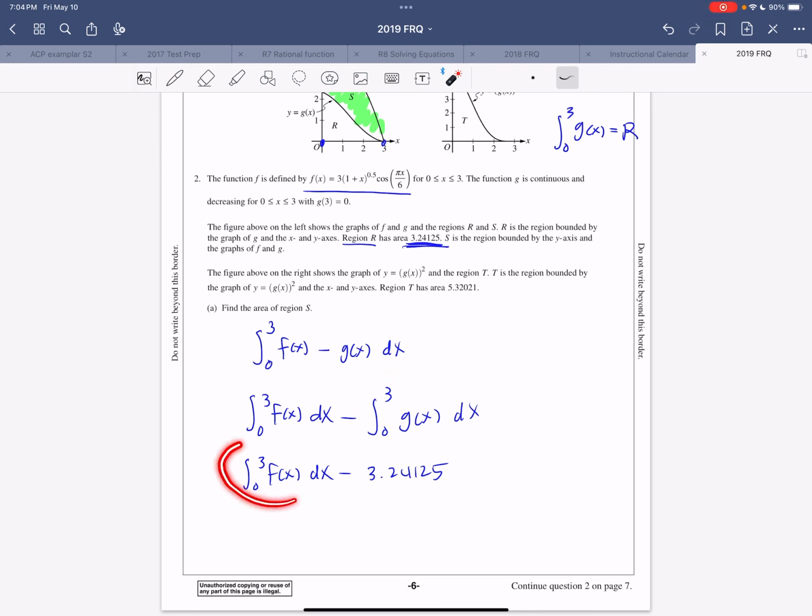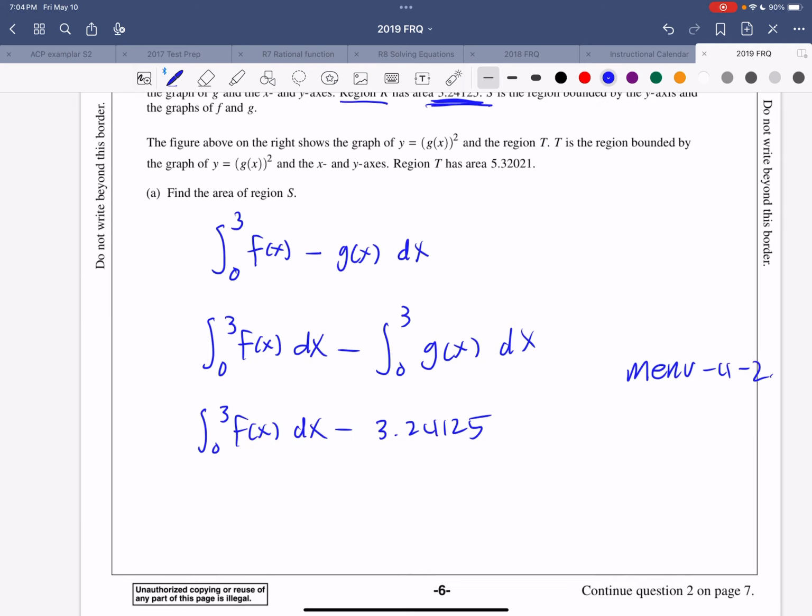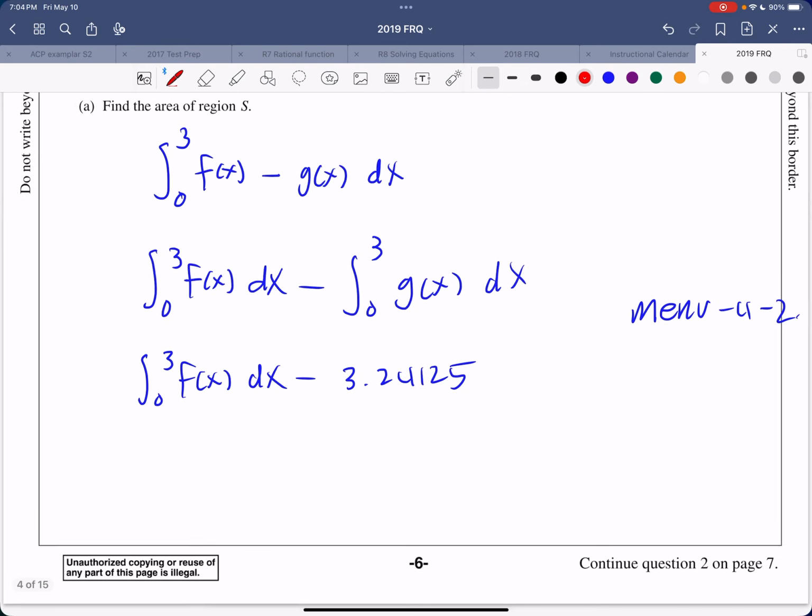So the only thing you have to do is put the antiderivative of this one into the calculator from 0 to 3. Is that menu 4, 2? Menu 4, 2. Then you will get 8.16083, minus 3.24125.